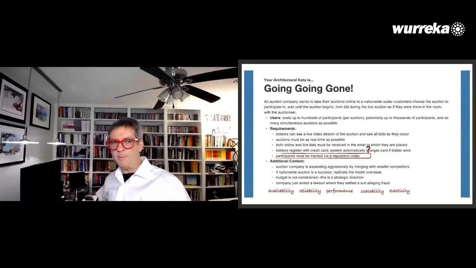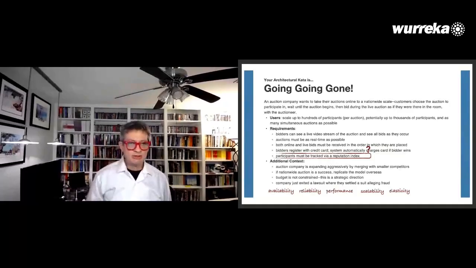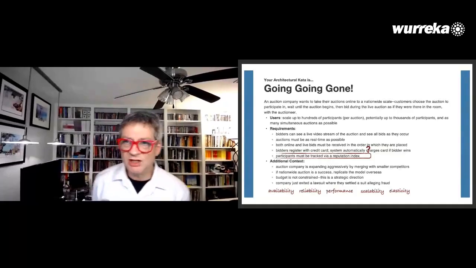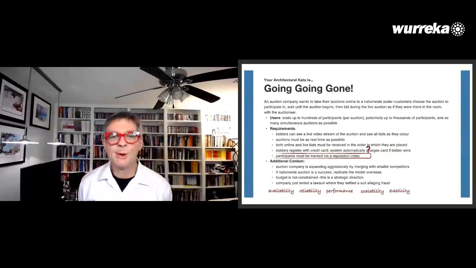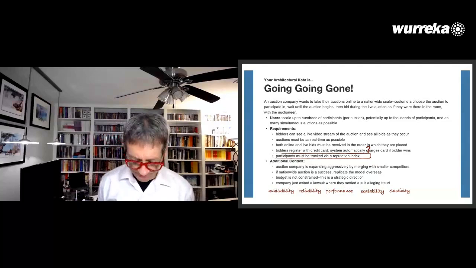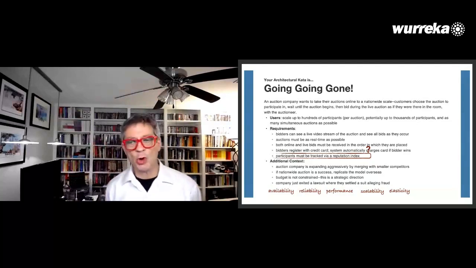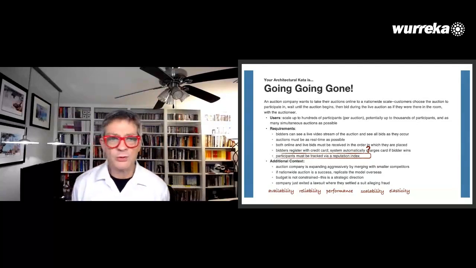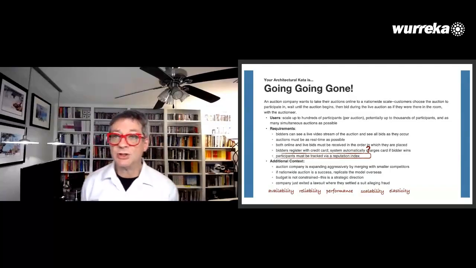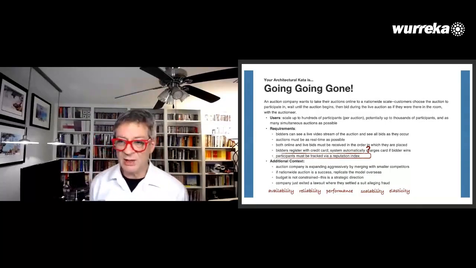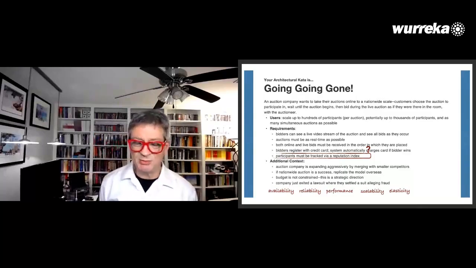What about this one? Participants must be tracked via a reputation index. Now, the temptation as an architect is to start thinking about all the security implications or the ways to track this. So auditability, for example, might be one of these, or logability. You'll notice how the ility shows up a lot here.